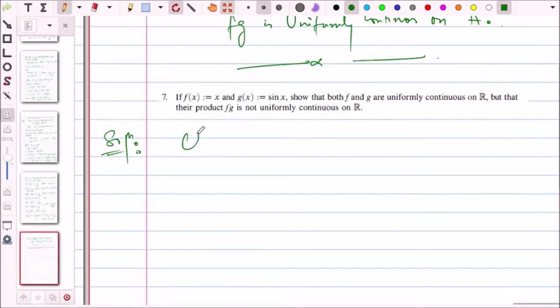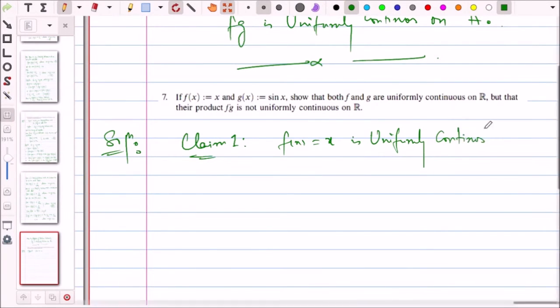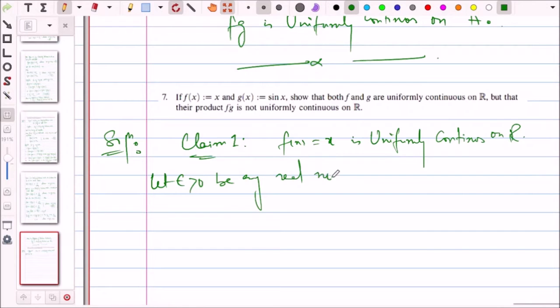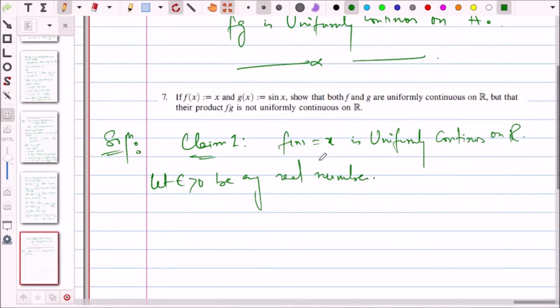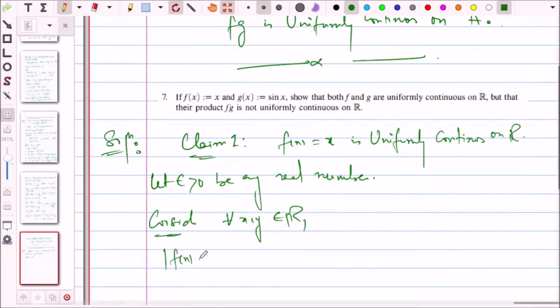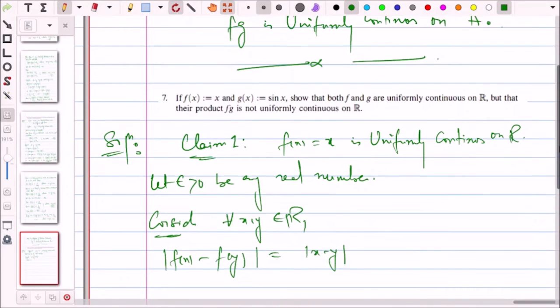Claim 1: f(x) equal to x is uniformly continuous on R. Start with any arbitrary epsilon. Let epsilon greater than 0 be any real number. In this case, we know that we will have to take delta equal to epsilon. Consider any x, y belonging to R. |f(x) - f(y)| is equal to |x - y|.